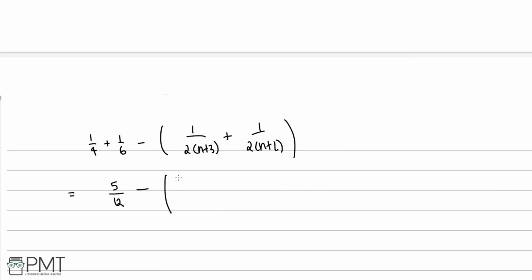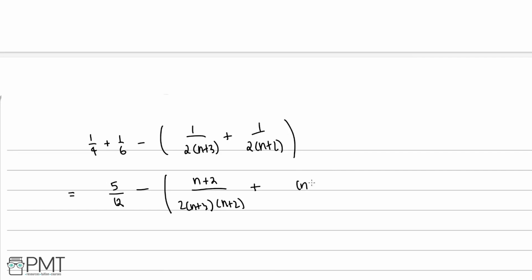So we have a quarter plus 1/6 minus 1 over 2 times n plus 3 plus 1 over 2 times n plus 2, which is equal to, well, a quarter plus a sixth will be 5 over 12, and we can simplify inside the bracket by multiplying the numerator and the denominator of 1 over 2 times n plus 3 by n plus 2, to be n plus 2 over 2 times n plus 3 multiplied by n plus 2, added to what we obtain when we multiply the numerator and the denominator of 1 over 2 times n plus 2 by n plus 3.